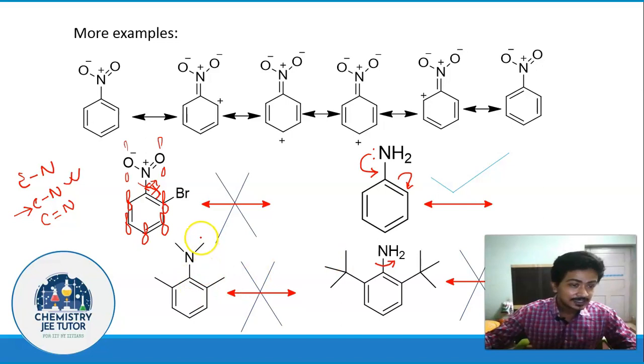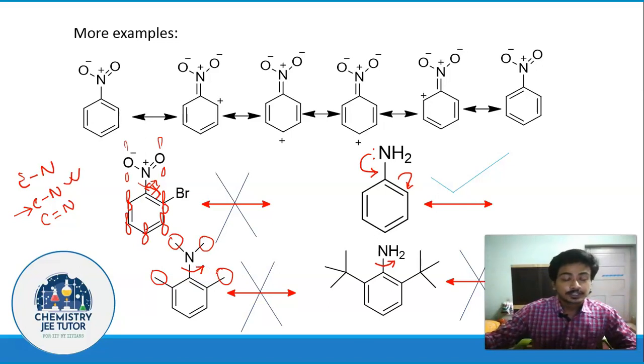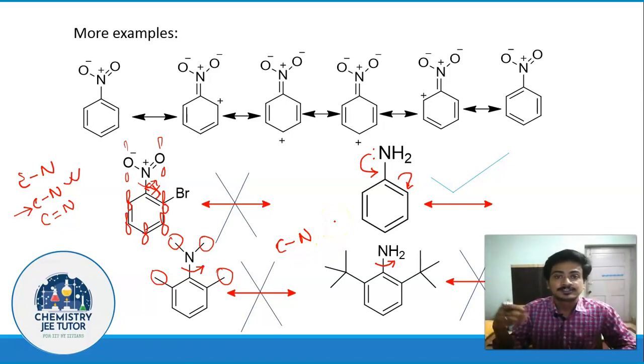It's because of the substitution of this over here and this over here that is going to create a steric bulkiness, and to relieve that, this is going to move. That's why the involved p orbitals will again not be in the same plane. That's why you are going to end up with a bond length which equals C single bond N. Nothing in between C single bond N and C double bond N you are going to obtain.